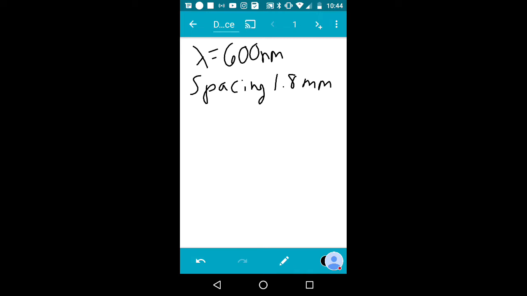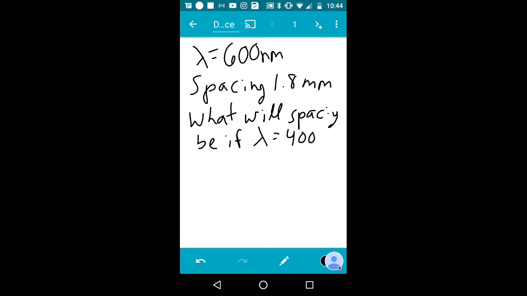What will the fringe spacing be if the light is changed to a wavelength of 400 nanometers? Okay, so we know the general statement of the problem, but the spacing may not be immediately obvious.